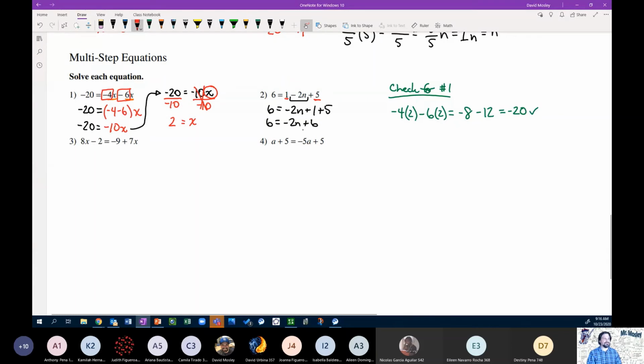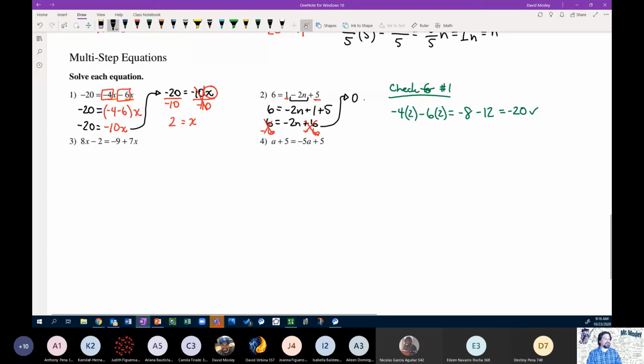Now we can do the addition or subtraction step. In this case, we'll do a -6 on both sides. All right, our +6 - 6 is 0. +6 - 6 will get 0 over here. Move this on up here.